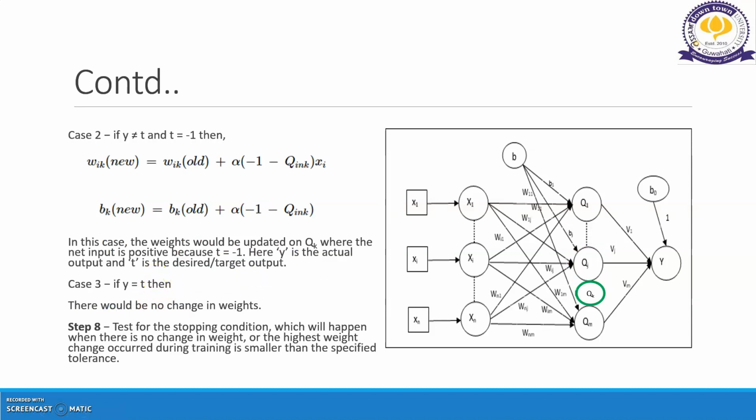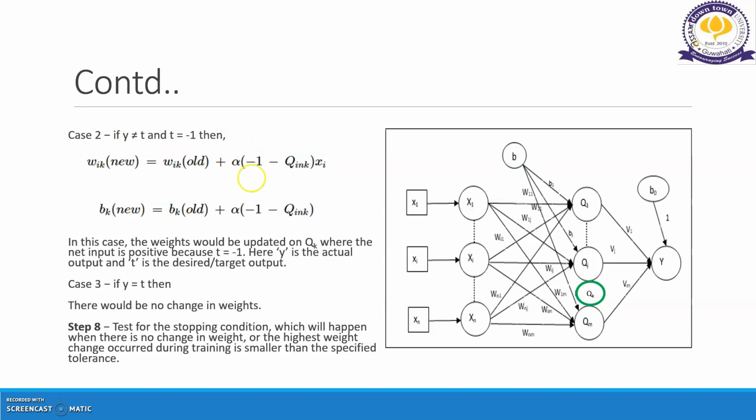So next, let's consider case 2 where y and t are not equal and t equal to -1. In this case, just consider that in this hidden layer, there is an Adaline unit where the net input value is positive. So your target is -1 and you are getting calculated output y equal to 1.